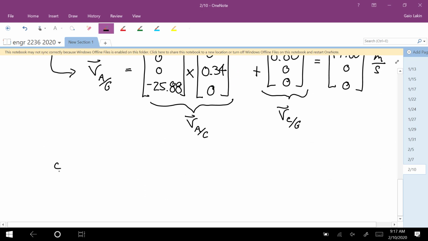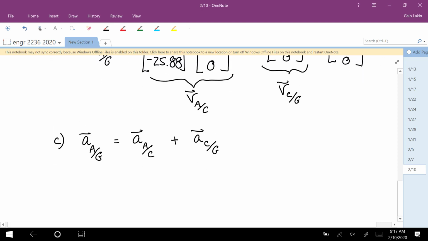Okay, so this is part C. The acceleration of A relative to the ground is equal to the acceleration of A relative to the center plus the acceleration of the center relative to the ground. How are we going to calculate the acceleration of A relative to the center?